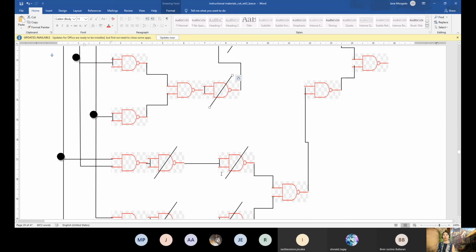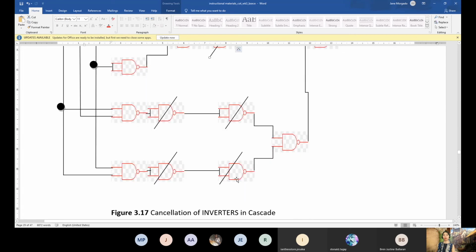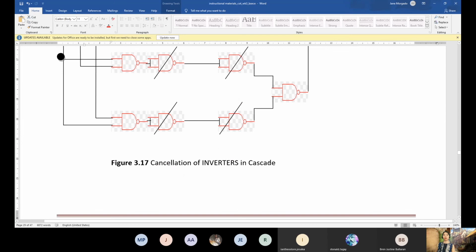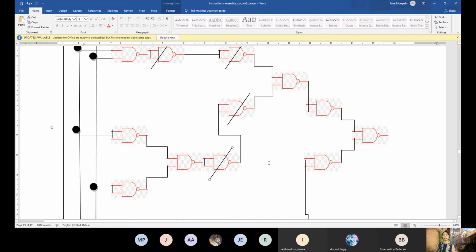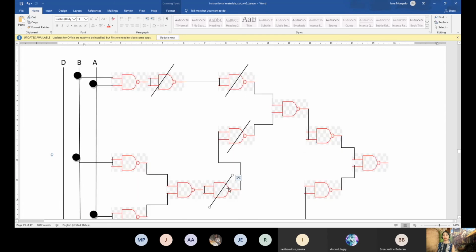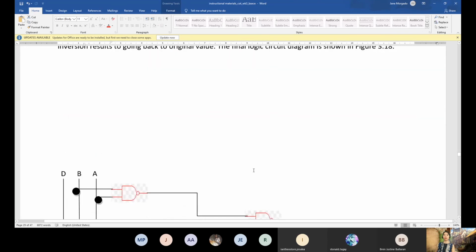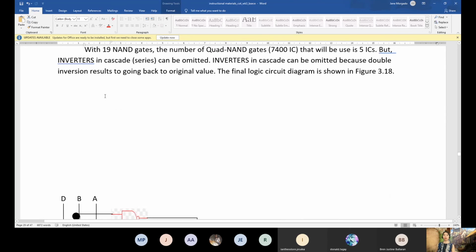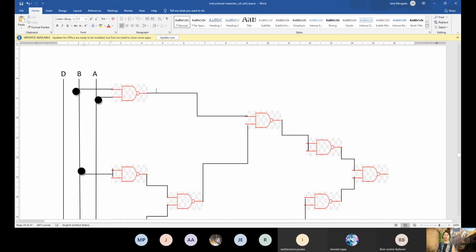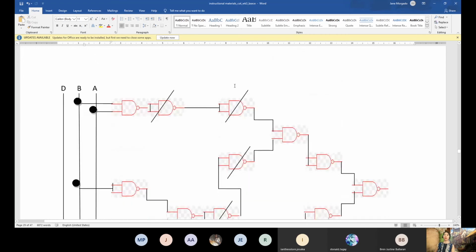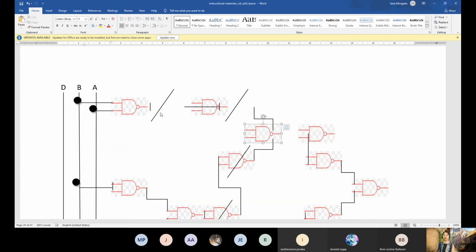Cancellation of inverters in cascade. When I say cascade, it means one after another, magkasunod. And then redraw the circuit. So how are we going to redraw that? All you have to do is just remove the canceled inverters.